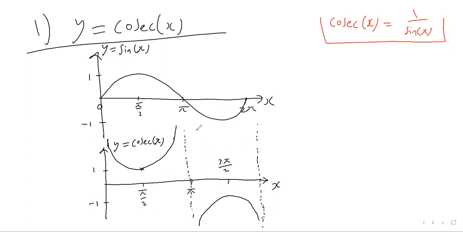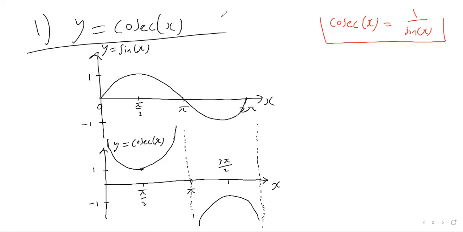That's because 1 divided by -1 gives you -1. But as the sine value has a smaller magnitude at angles here and here, 1 divided by a number with a smaller magnitude gives you a number with a bigger magnitude, so it gets more negative in these corners. So that's what cosec looks like.